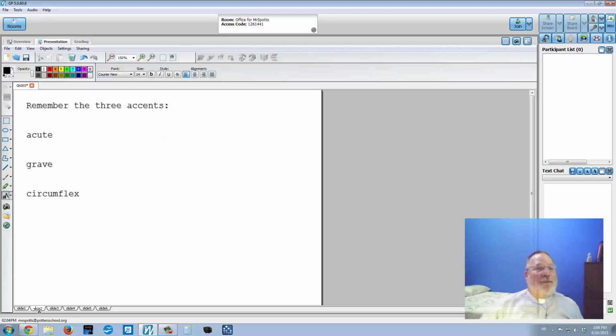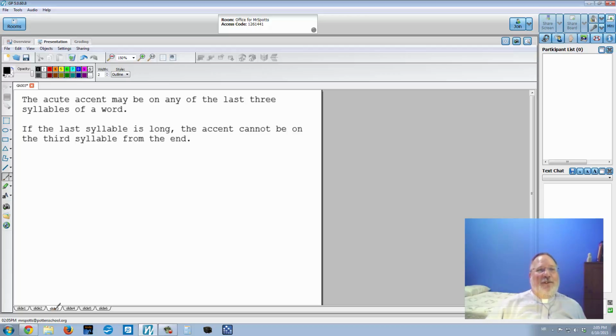Let's remember that there are 3 accents that we'll be working with in Greek. One of them is the acute accent, which looks kind of like that. Then there's the grave accent, which looks kind of backwards. And there's the circumflex accent, which is circum, around, flex, bend. So it bends around a little bit.